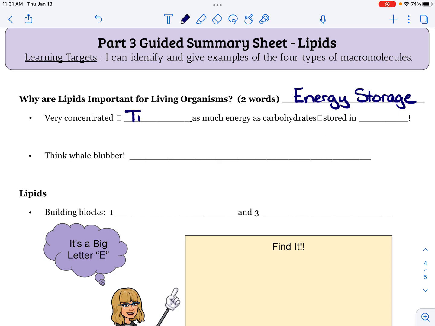There's about twice as much energy in lipids as there are in carbohydrates. And they're stored in the bonds. Remember, we talked about that before. When we break those bonds apart, we get energy. So think of like whale blubber. That's going to be helpful for cushioning or protection of the body and for insulation to keep them warm.